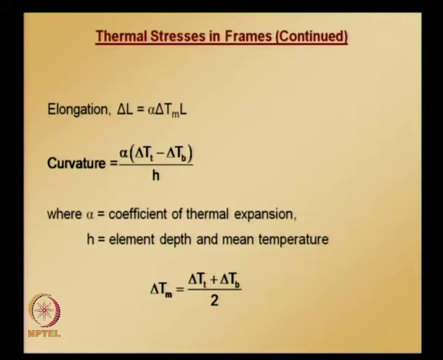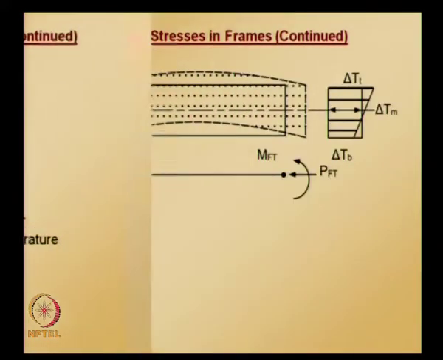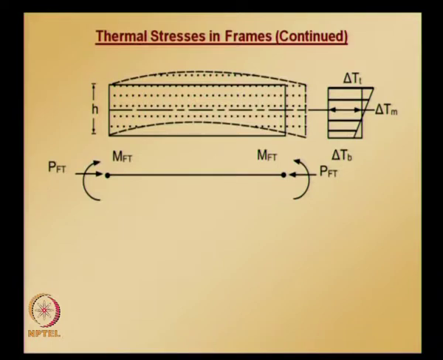So the resulting fixed end axial forces and bending moments, which you have already seen in this figure, are shown here, and the direction of these moments and forces assumes a mean temperature increase and the top temperature change being larger than the bottom surface temperature change.